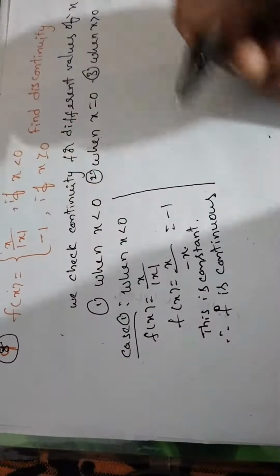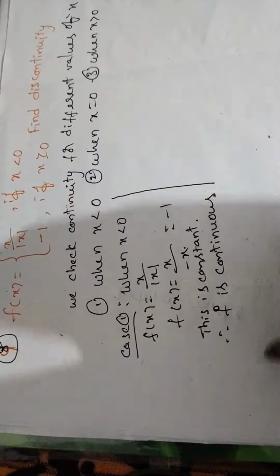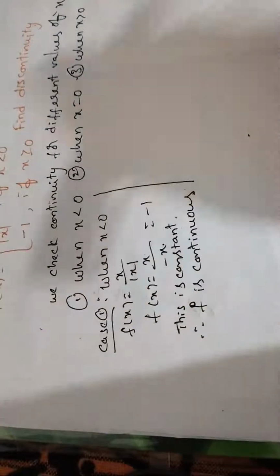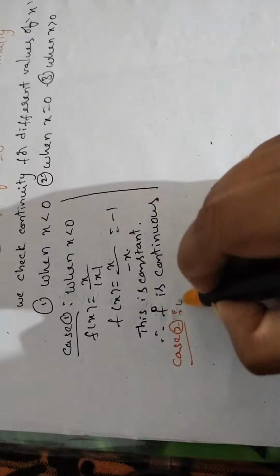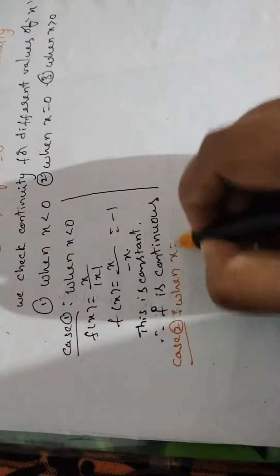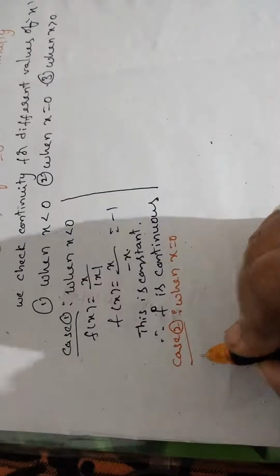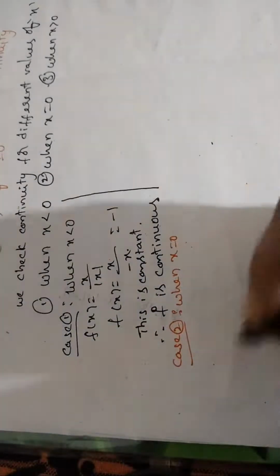Next, the next case is x is equal to 0 case. Case 2, when x is equals to 0. First write the formula. What is the formula?